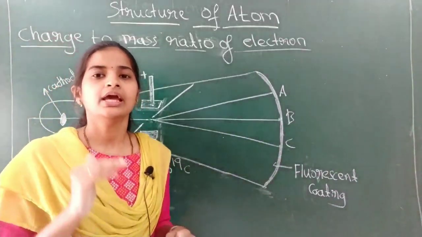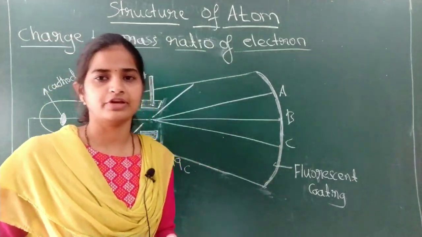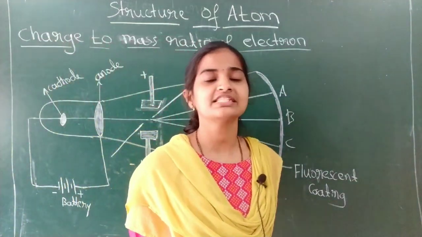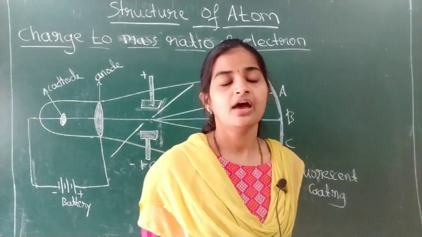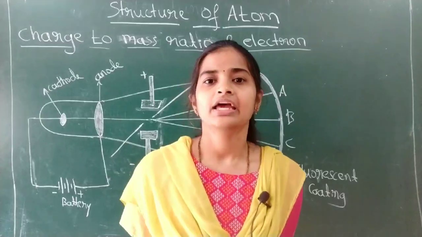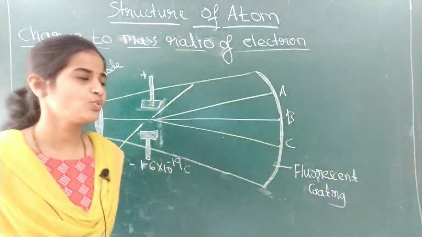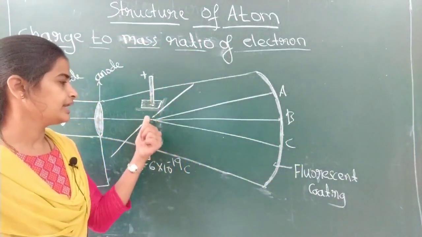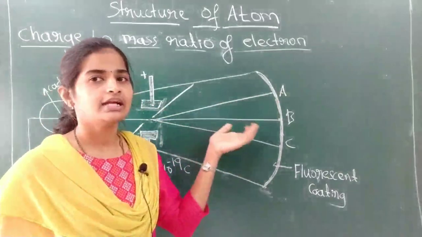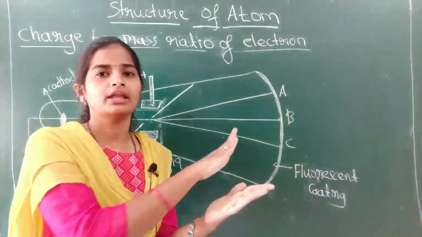How did the cathode rays behave in the presence of electric and magnetic field? Yes, see, in the previous class you wrote the last point, properties of the cathode rays. The cathode rays get deflected in the presence of applied electric and magnetic field. Yes, that is what we are studying here. When electric and magnetic field is applied, the cathode rays start deflecting from their direction, or else they would have travelled in a straight line without any alteration.